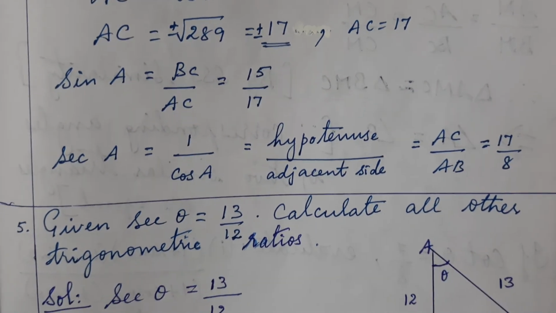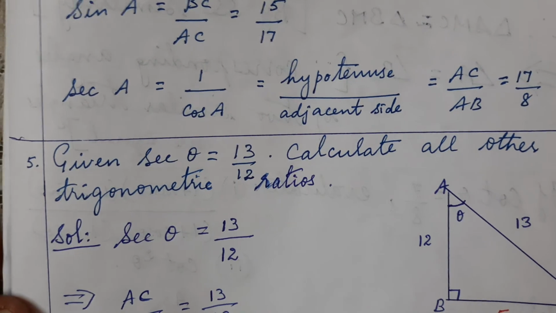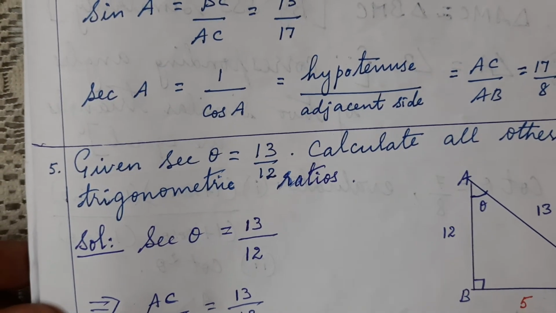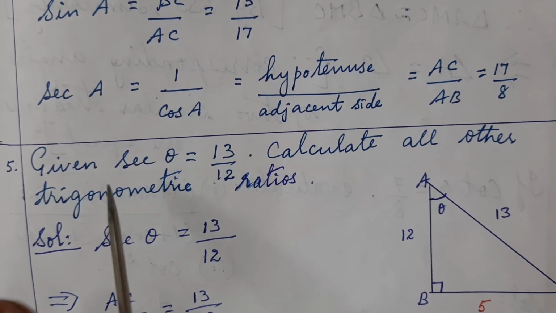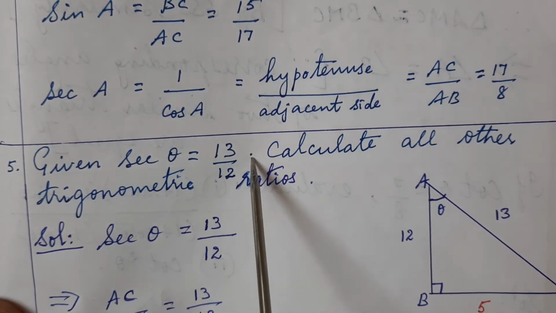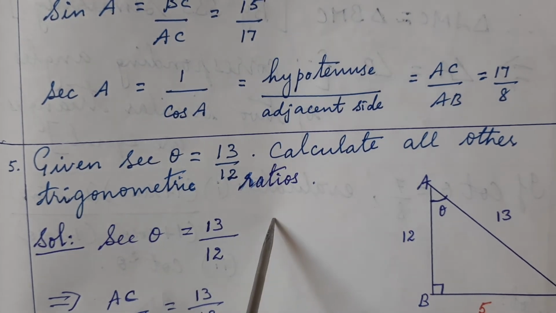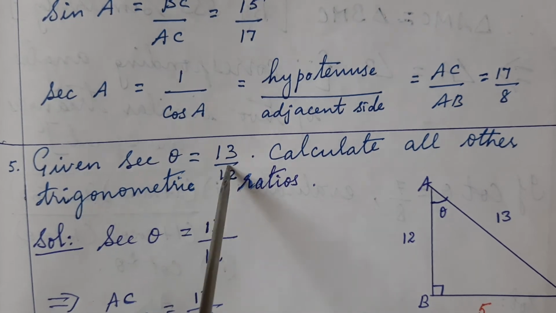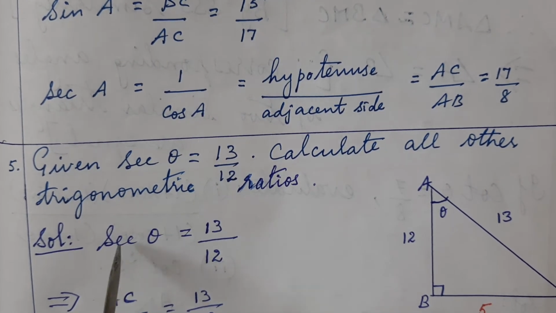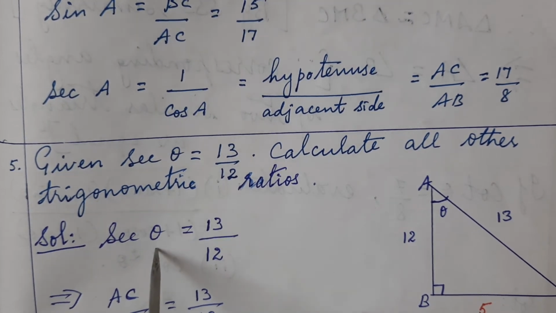The next question is, given secant theta is equal to 13 by 12, calculate all the other trigonometric ratios. So first one, secant, it is given as secant theta is equal to 13 by 12. Now you know very well secant theta is 1 by cos theta.